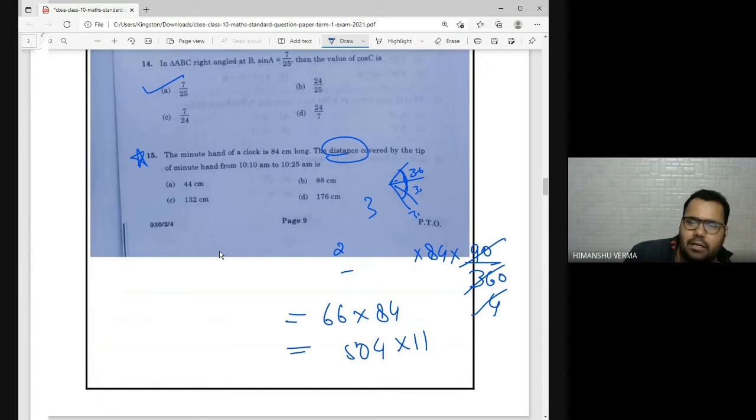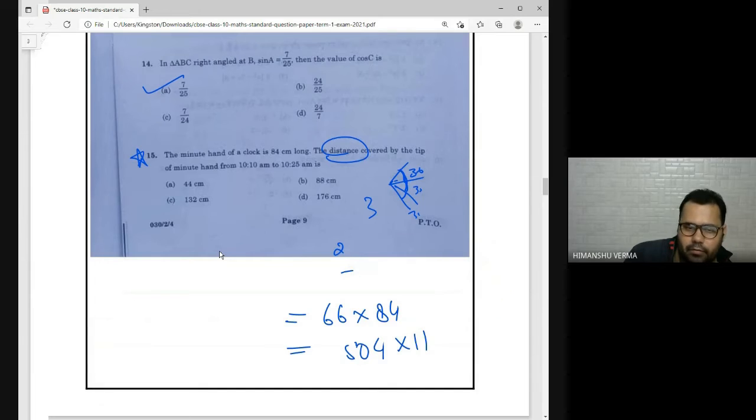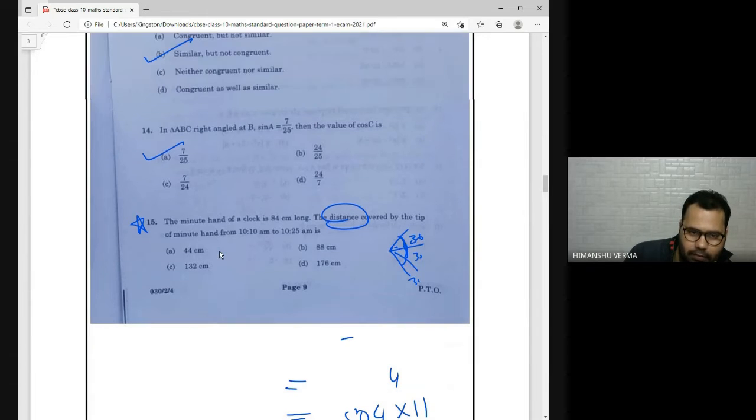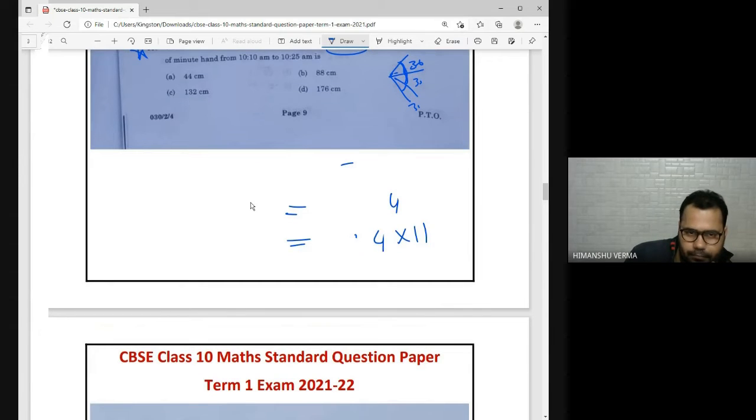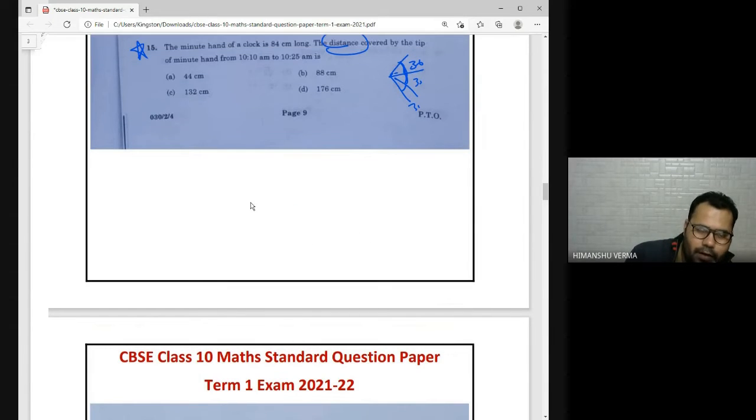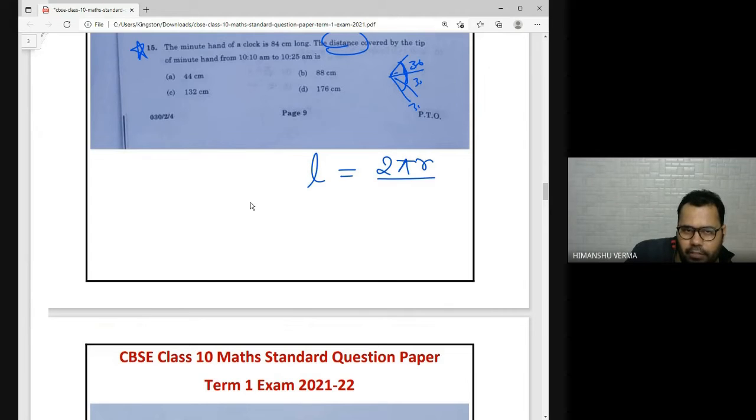So we can do it. We have to tell the length of the arc. So the length of the arc is simply 2 pi r times theta by 360.